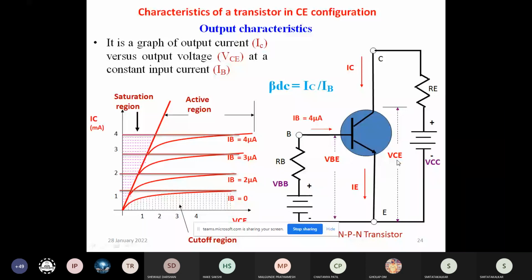Then you can draw the VI characteristics. The output voltage VCE is the emitter collector voltage.